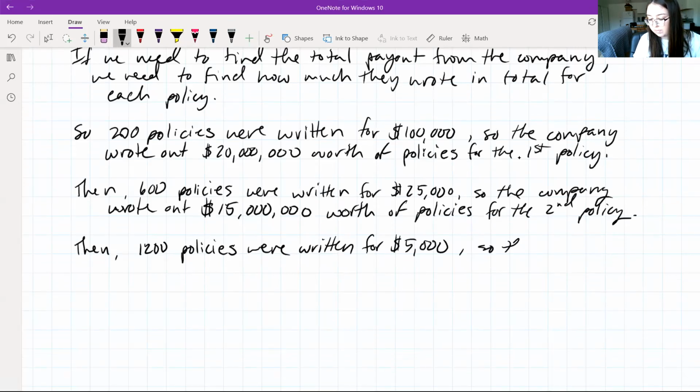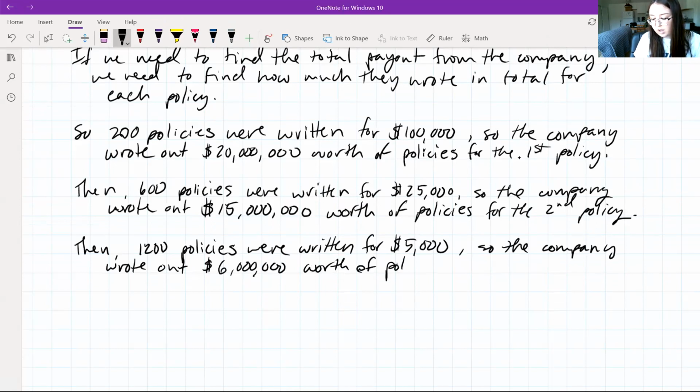So the company wrote out a total of $6 million worth of policies for the third policy.